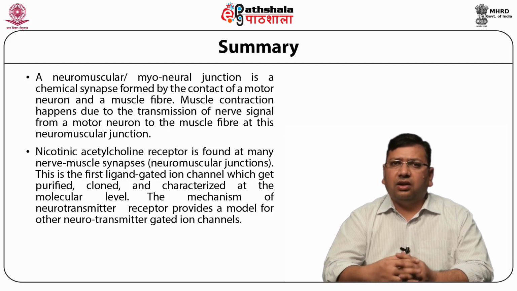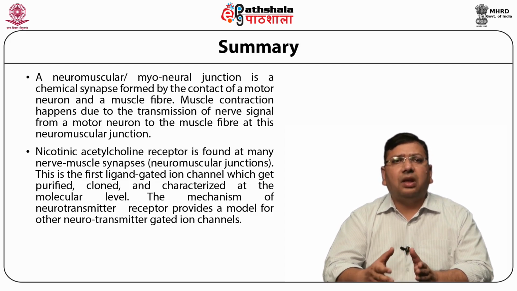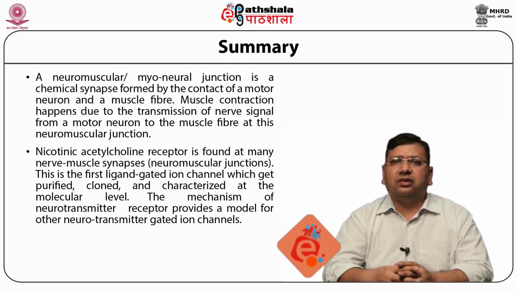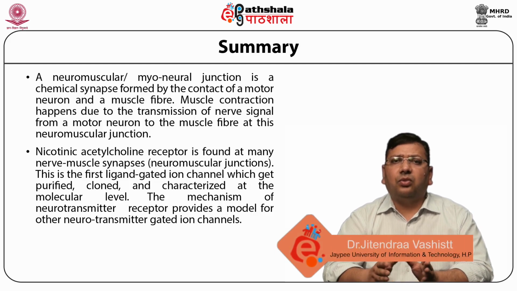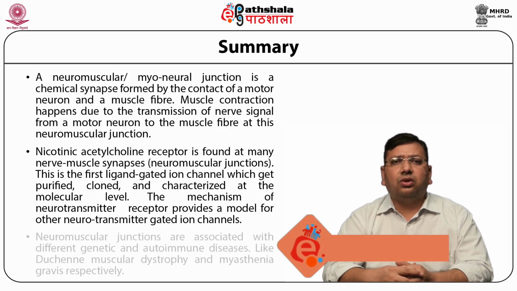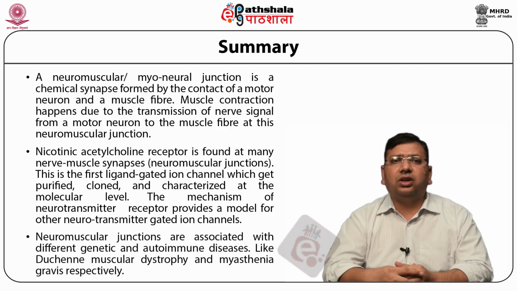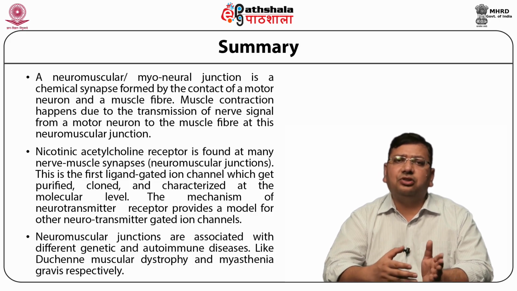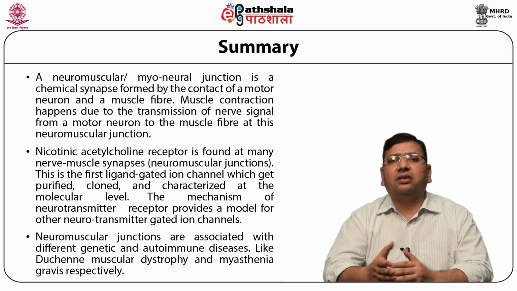This is the first ligand-gated ion channel which was purified, cloned and characterized at the molecular level. The mechanism of this receptor provides the model for other neurotransmitter-gated channels. Neuromuscular junctions are associated with different genetic and autoimmune diseases like Duchenne muscular dystrophy and myasthenia gravis, respectively.